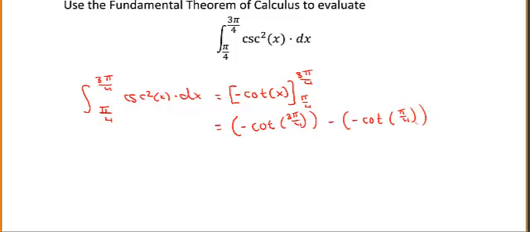All right, and if we look at that, at pi over 4, just in a right triangle, maybe let me move this up a little bit because I want to add more to the drawing.